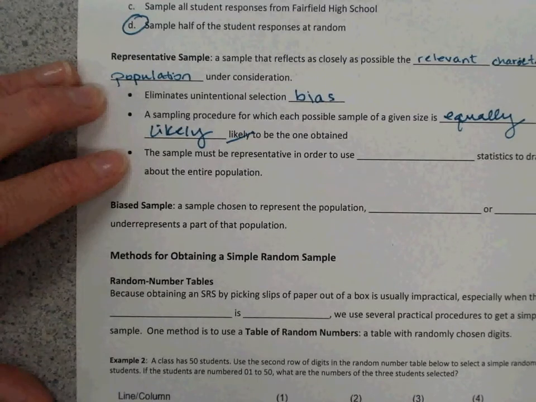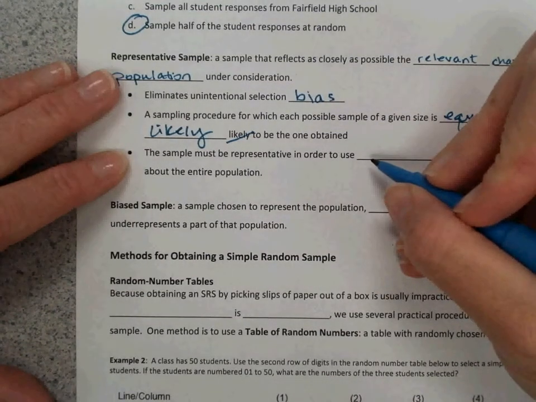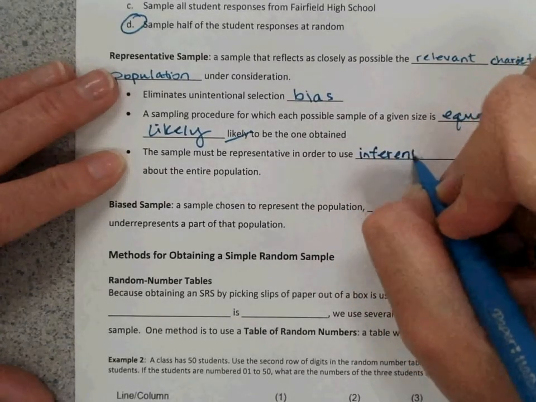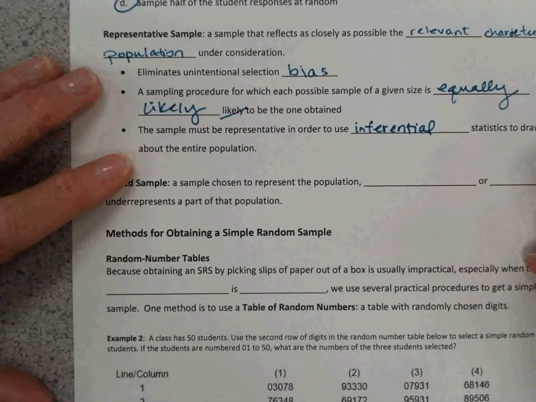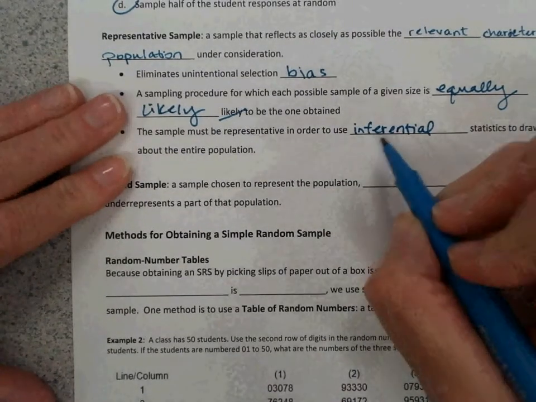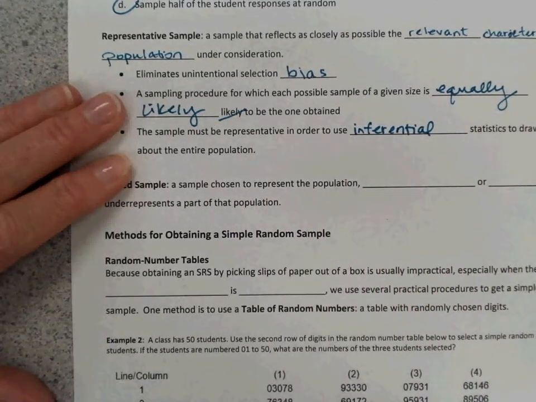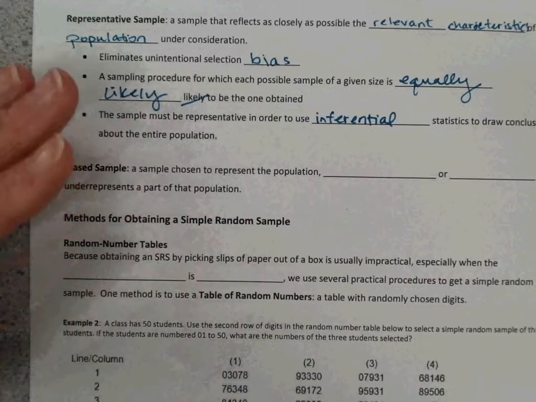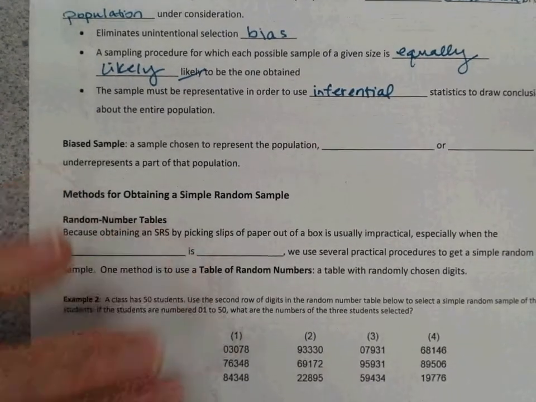The sample must be representative in order to use inferential statistics. We talked about that in our last lesson. Inferential statistics, to draw conclusions about the entire population. You see the word inference within that word. Again, just drawing conclusions about the entire population. Using a sample, it is so important that that sample represents the entire population from which it was drawn.